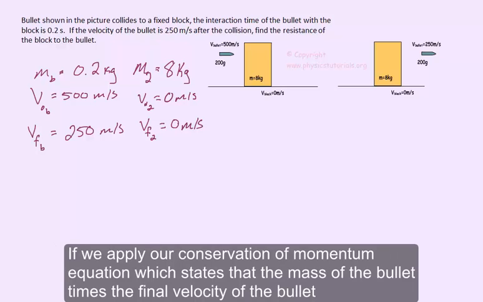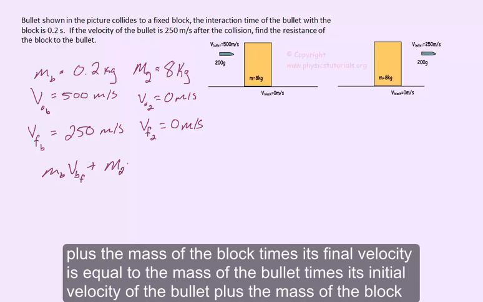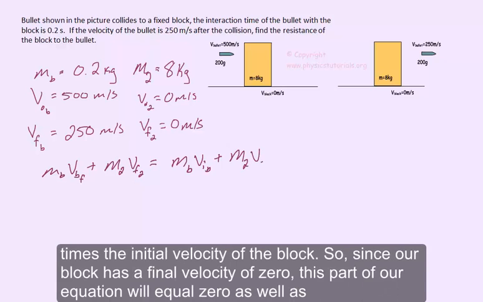If we apply our conservation of momentum equation, which states that the mass of the bullet times the final velocity of the bullet plus the mass of the block times its final velocity is equal to the mass of the bullet times its initial velocity plus the mass of the block times the initial velocity of the block.